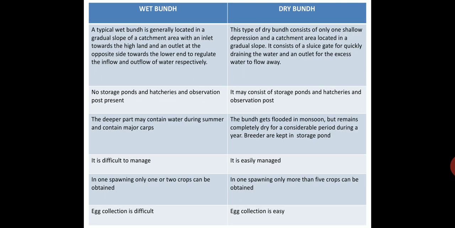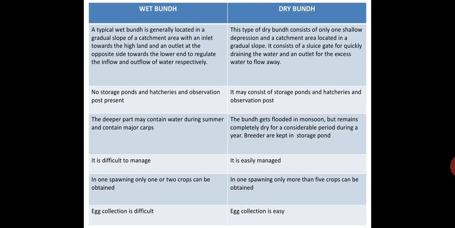Wet bunds are difficult to manage, but dry bunds are easily managed because they are flooded only in the monsoon and the remaining days they are completely dry. In a wet bund, in one spawning only one or two crops can be obtained.